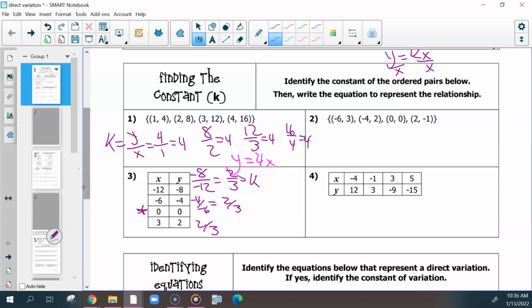Your y-intercept has to be 0. So in this example, the constant k doesn't work at this point unless you're counting down to that point or up to that point. But it does go through that point. It has the y-intercept of 0. So because of that, this still works. It's still a direct variation. So I could write this as the direct variation equation, y equals 2/3 x.